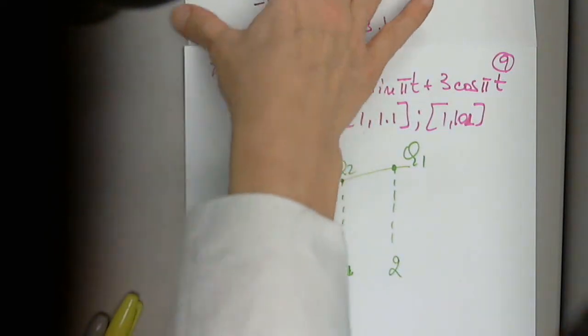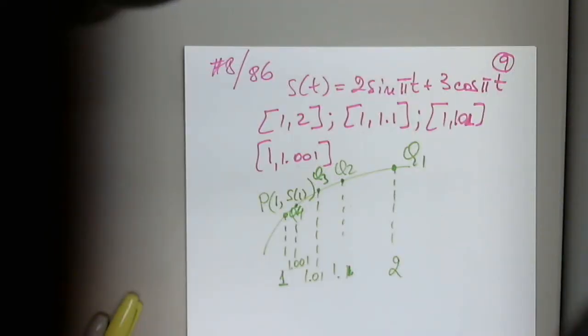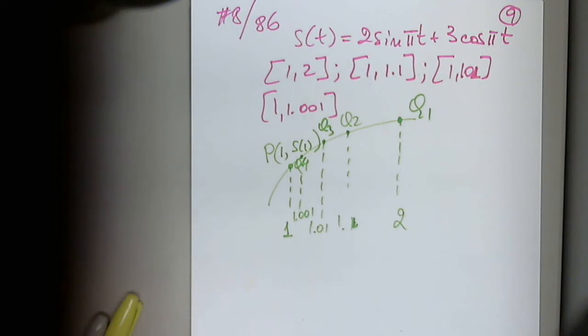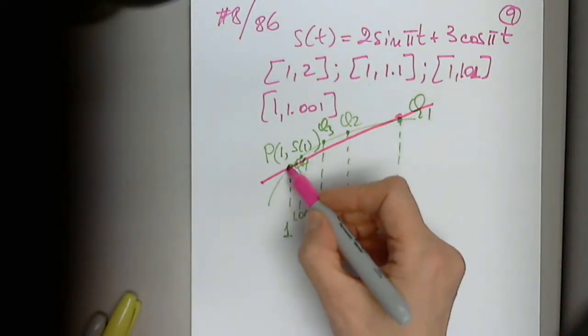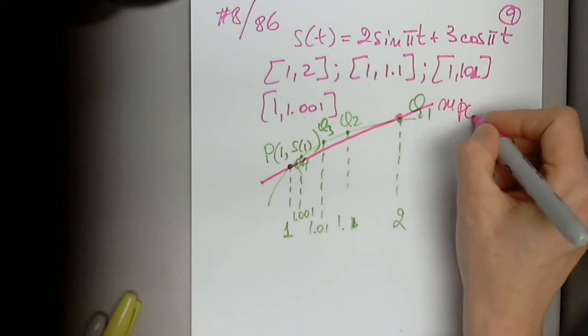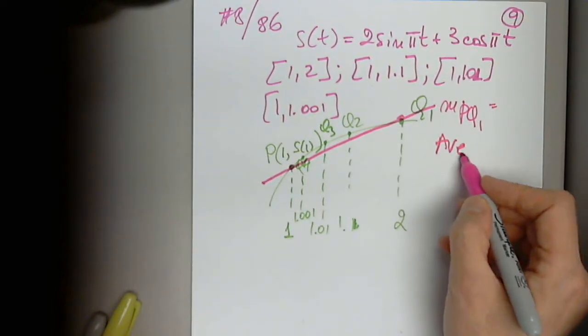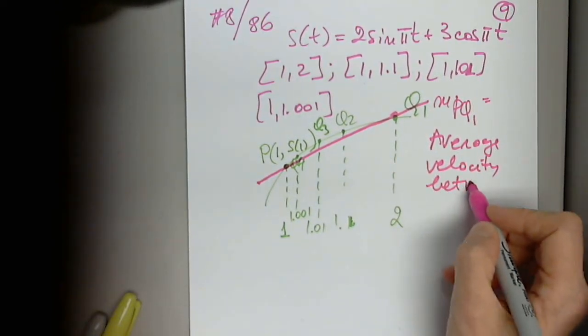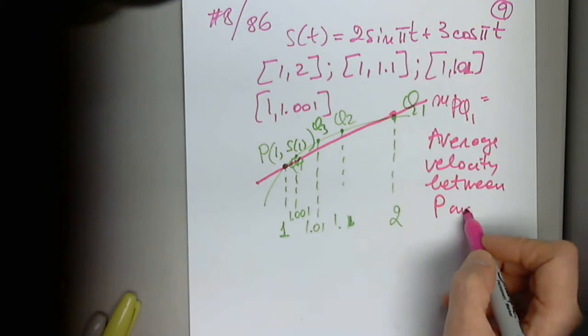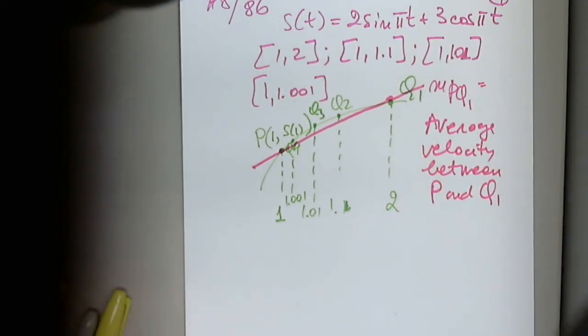What is the definition of the average velocity? Exactly, yes. The slope PQ1 is the average velocity between P and Q1. It's the exact same concept. It's as if this is a secant line, which it is for the displacement function.